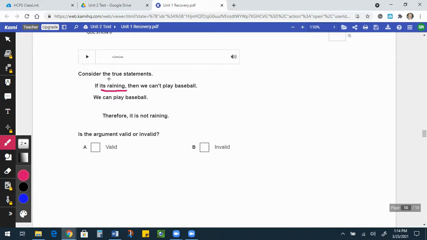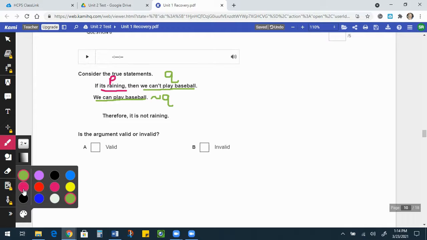It's raining would be P. We can't play baseball would be Q. We can play baseball would be negated Q. Because look, this actually had a not in it to begin with, and then they took it out. Therefore, it is not raining.